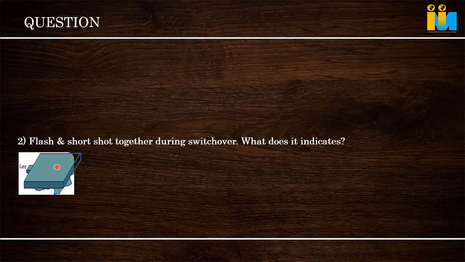Even then pressure is not built up completely inside the cavity, but that pressure itself is opening the mold. Then flash is coming. That means tonnage is lesser: either you have given lesser or the machine is not capable. Change it to a higher tonnage machine.